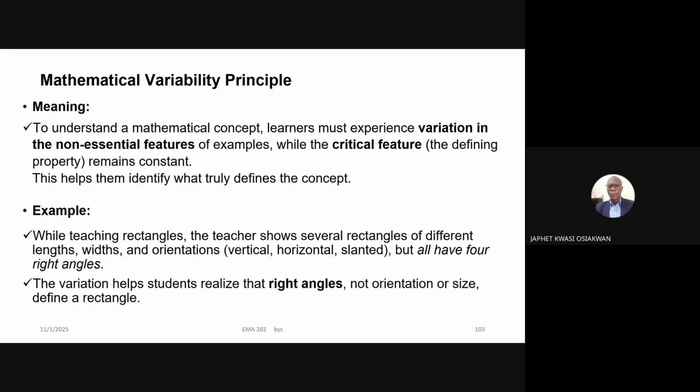Okay. Any more questions? So these are the principles. Make sure you use them. We are not learning them for exams, but we want to learn them so that we can use them, because these things help our students to understand the concept we are teaching. Because if we don't do that, they find it difficult to understand the concepts. So let's use the principles.